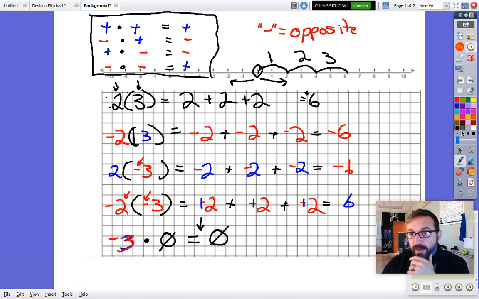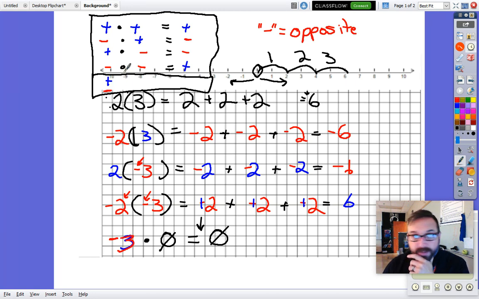So let's go on ahead and we'll draw our bonus rule down here. Actually, I need to make a little bit of room. And so we're going to draw a plus sign and a minus sign because it does not matter.